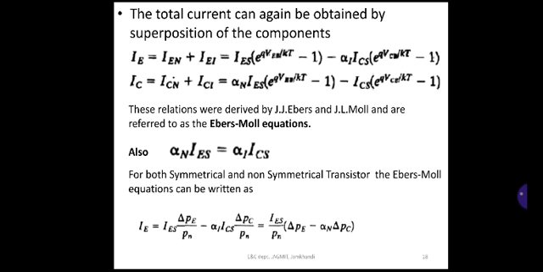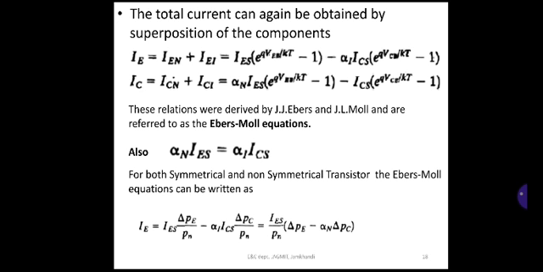Similarly, IC equal to ICN plus ICI. So ICN is equal to alpha n into IES into e to the power QVB by KT minus 1, and ICI is equal to minus ICS into e to the power QVCE by KT minus 1.